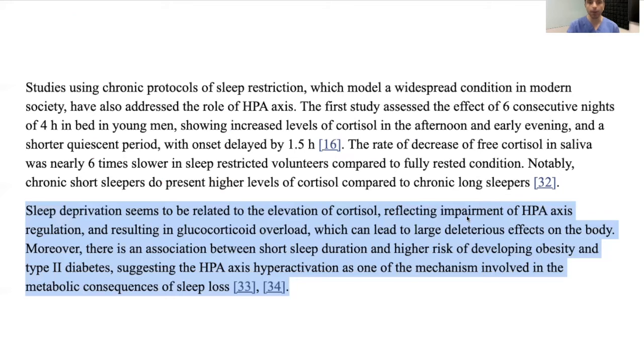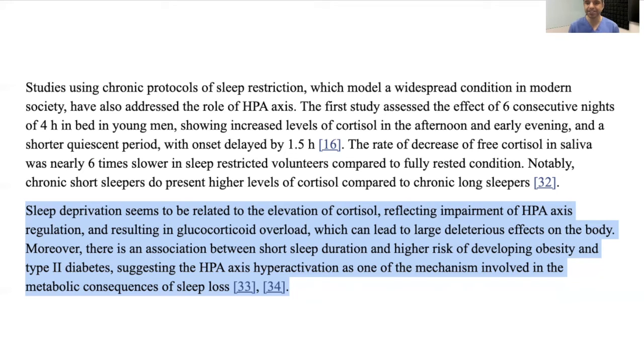Why is this? Well, this study right here shows that sleep deprivation seems to be related to cortisol, and it seems to influence this hypothalamic pituitary axis, resulting in glucocorticoid overload. And so it results in us having so many steroids that how are we going to improve our sugars? We can't.